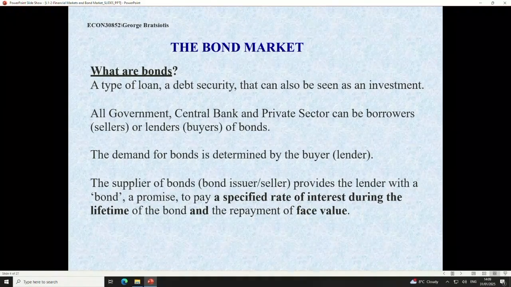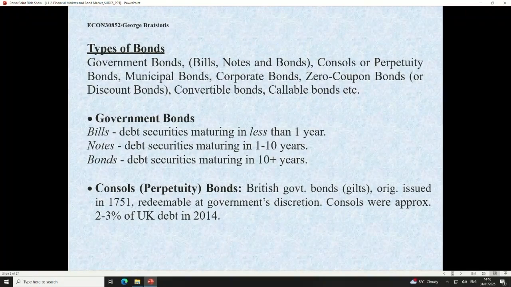Okay, so if we are clear about this, then let's talk about different types of bonds. What types of bonds? It depends very much who issues them, right? There's government bonds.